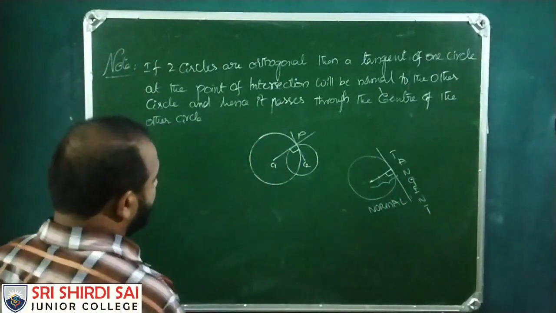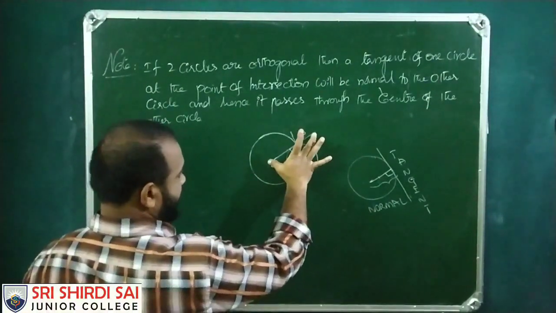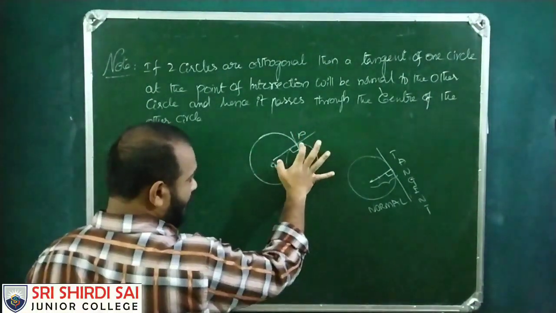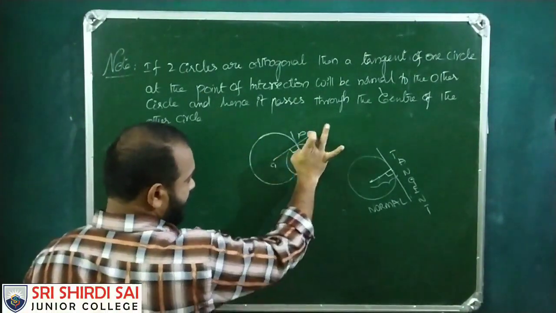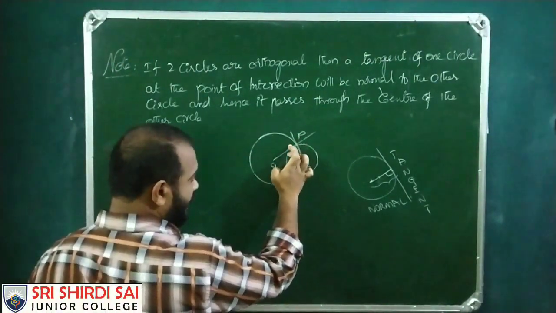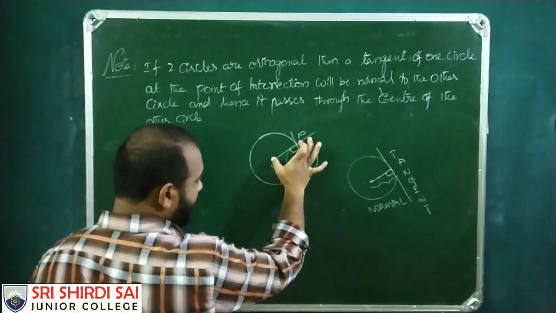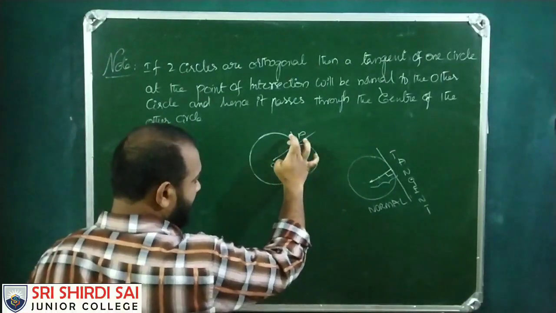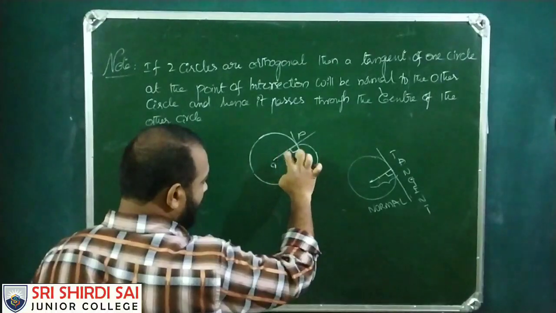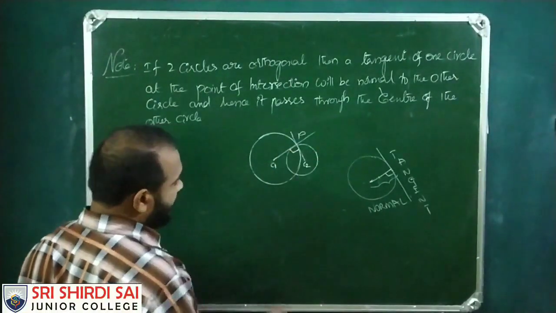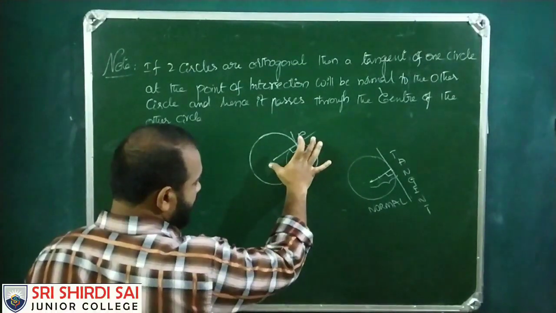So this is here, C1P is the tangent of the second circle. At the same time, because this is a tangent and this is a normal, normal and tangent are perpendicular to each other. So this angle C1 P C2 is equal to 90 degrees.